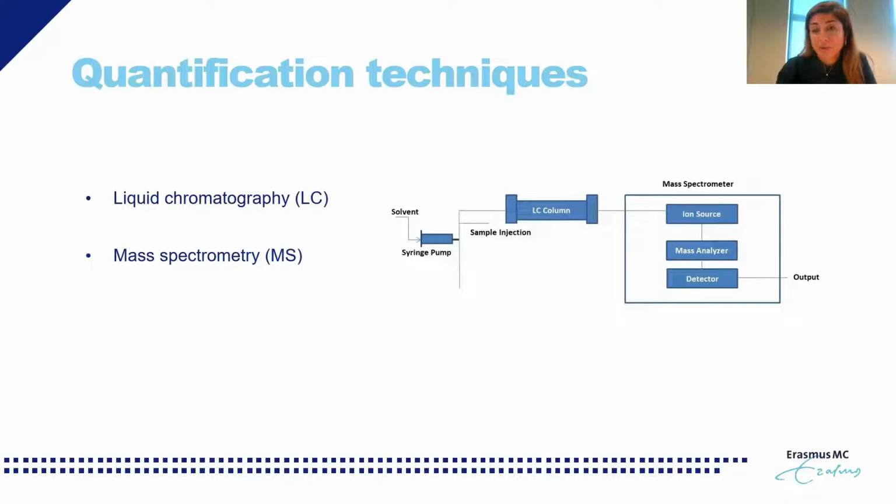So the MS provides a selective detection, and the combination of LC with MSMS results in a highly accurate, selective and sensitive quantification technique, which is of crucial importance, especially for the TDM of neonates, because due to the increased sensitivity, lower sample volumes are required.